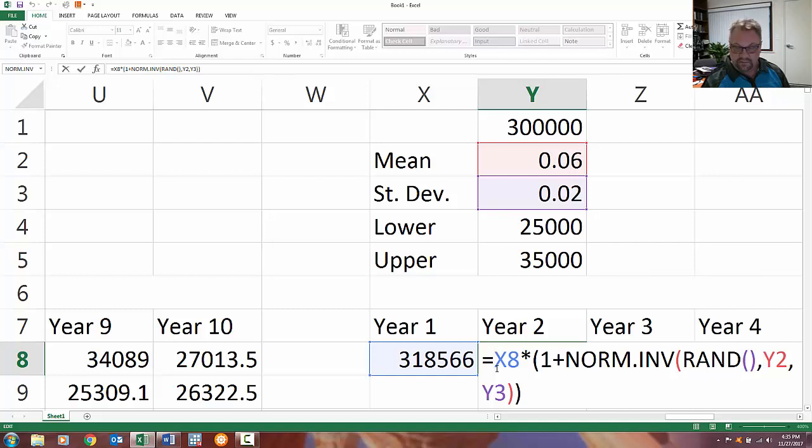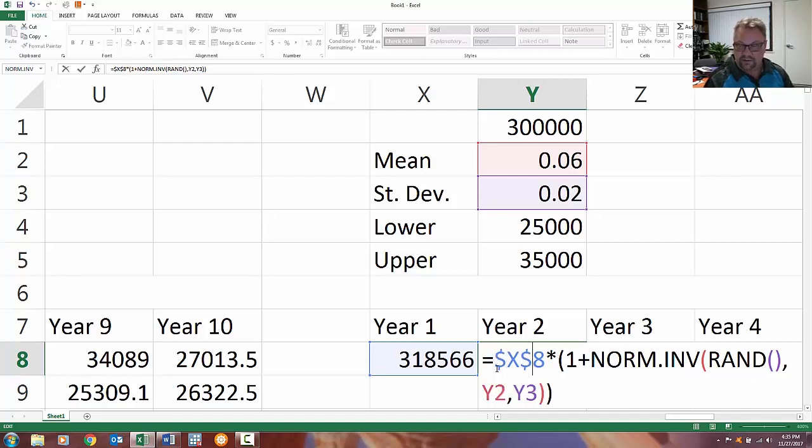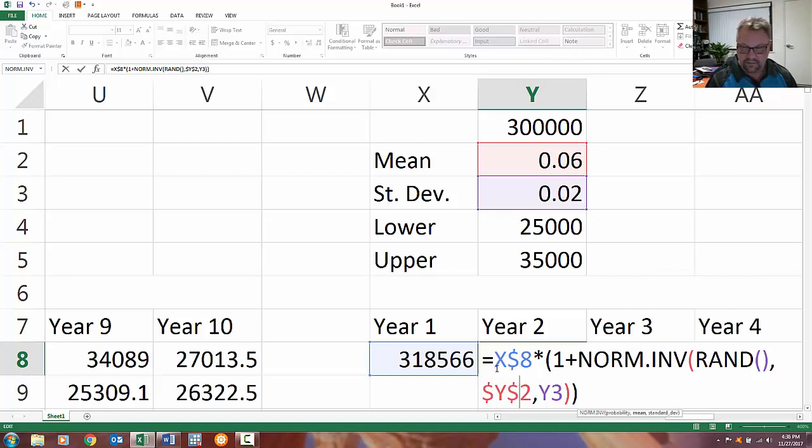And then here, anchor, let's see, I don't want to anchor, that's actually bad, my bad. I got to anchor the 8, but here I want to anchor both, the mean and the standard deviation. Completely anchor that because I want to copy it across and down.